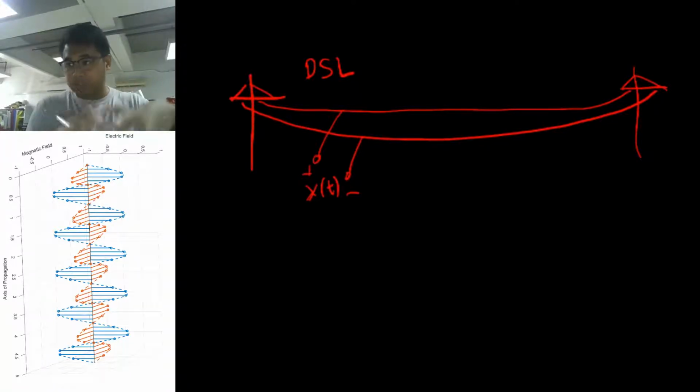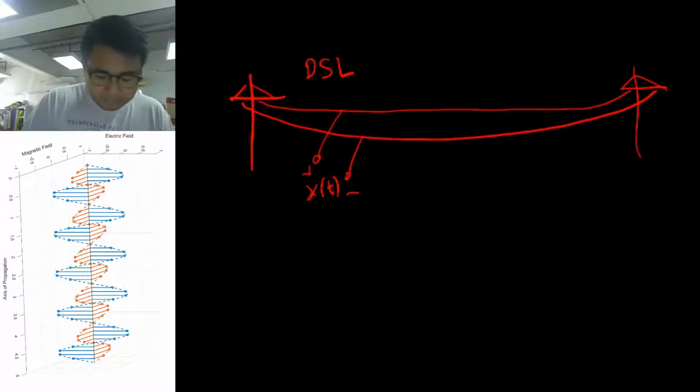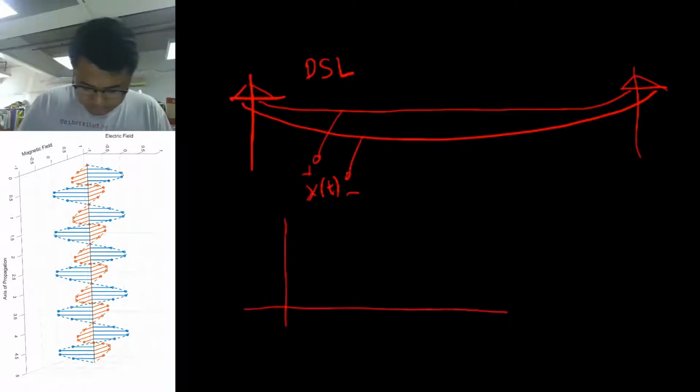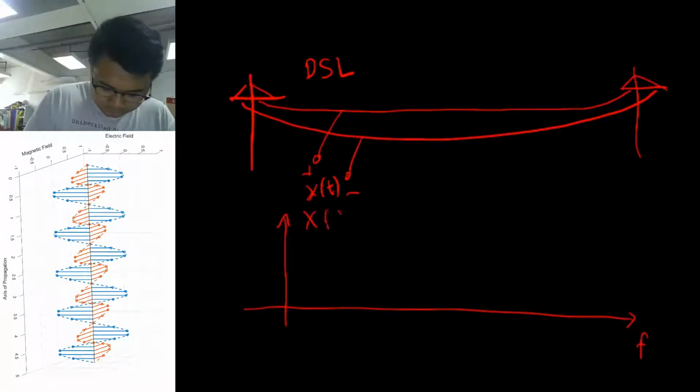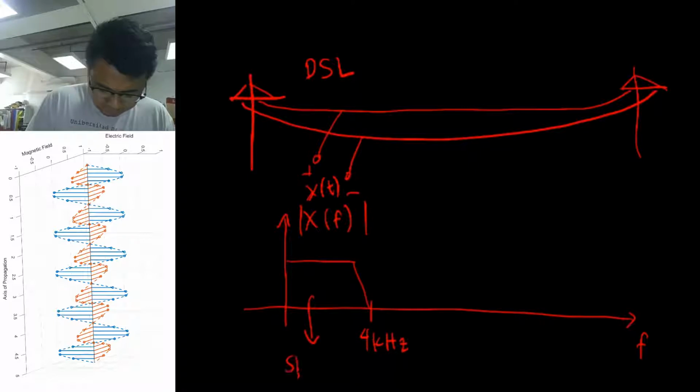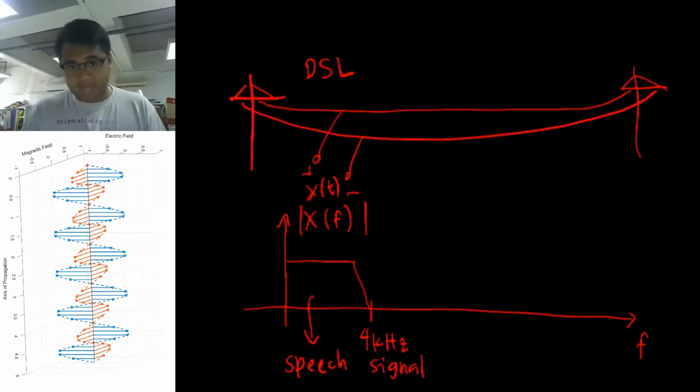Okay, so if you measure the voltage, store it in an oscilloscope, and try to process its fast Fourier transform, assuming your oscilloscope is fast enough, it has a large sampling rate, the plot will look like this. The magnitude spectrum here, up to around 4 kilohertz, is your speech signal, which is for your landline, for your telephone.